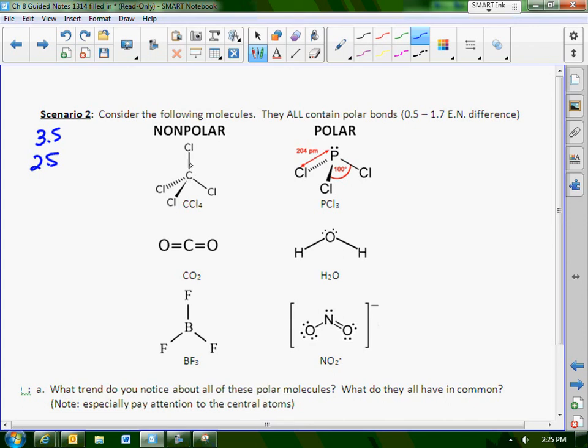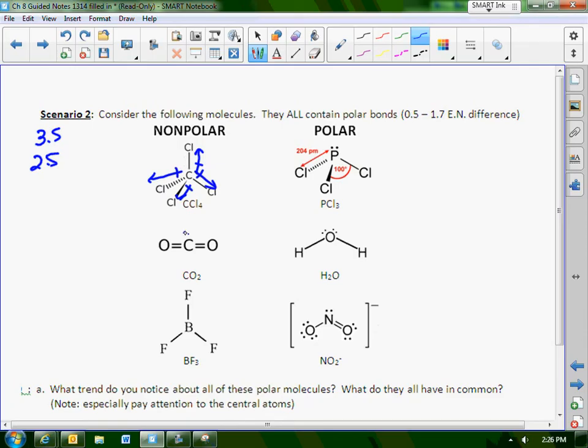Now, what happens is the electrons go towards the more electronegative element and they're positive down near the less electronegative element. When they pull in equal but opposite directions, the vectors cancel out, making it nonpolar. So this one pulls in equal but opposite directions, so this becomes nonpolar. Even though it's got a polar bond to it, it is a nonpolar molecule.